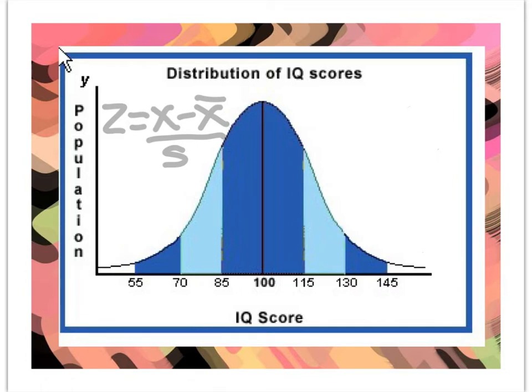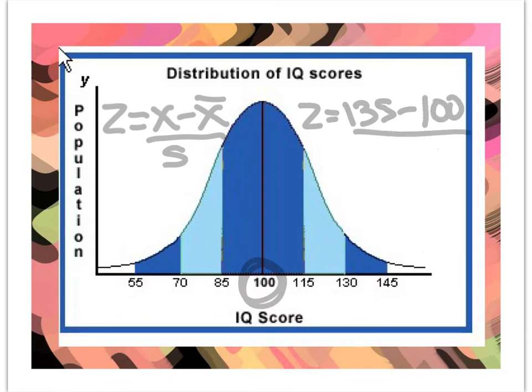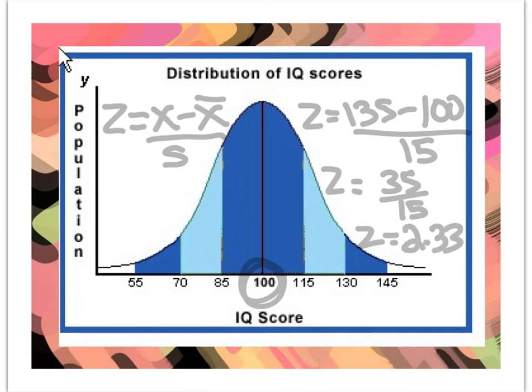If I have a score of 135, then Z equals 135 minus the mean, 100, divided by the standard deviation, which is 15. So Z equals 35 divided by 15, and that would give you a Z of about positive 2.33.